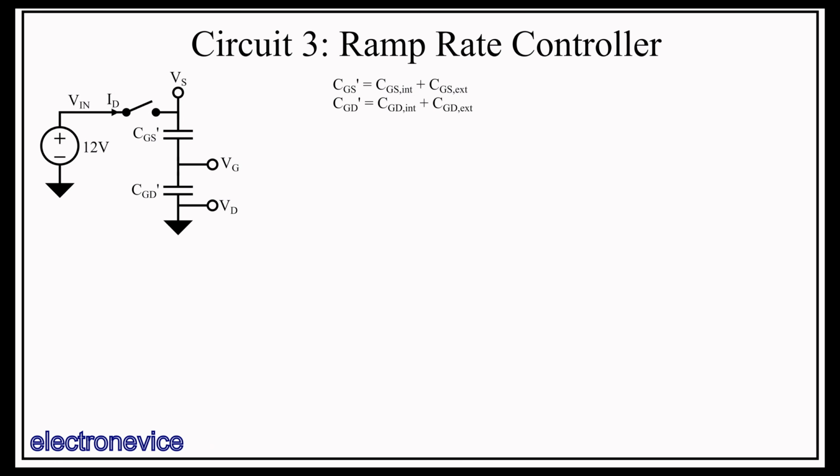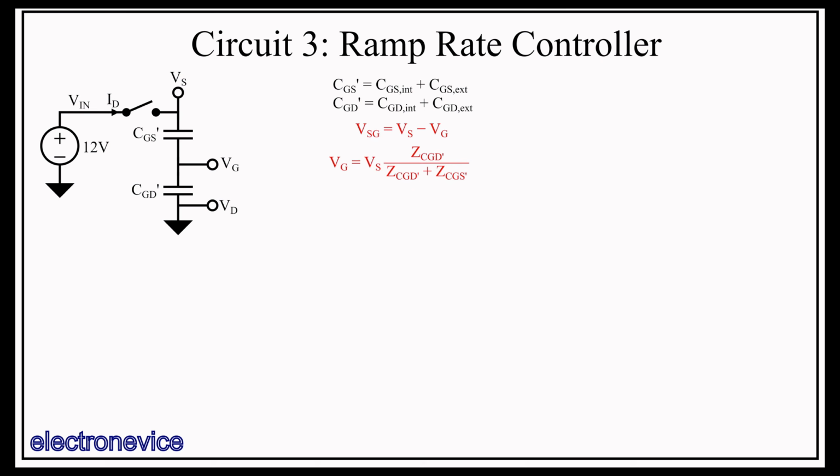A simple capacitive divider. I've labeled these two capacitors as CGS prime and CGD prime, where each is the combination of the internal gate source or gate drain capacitance and the external gate source or gate drain capacitance. So now that we have this, let's calculate VSG right after power up. VSG is equal to VS minus VG.